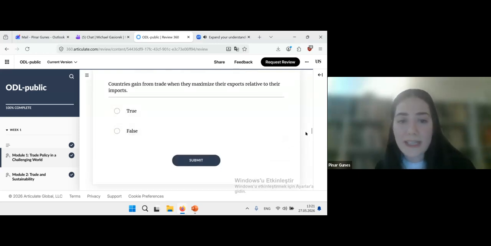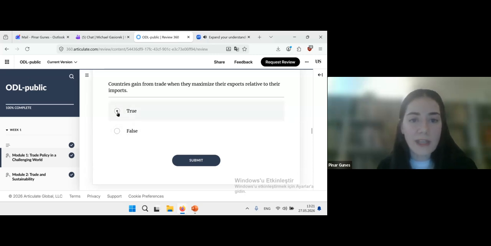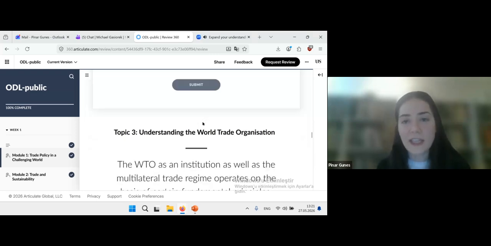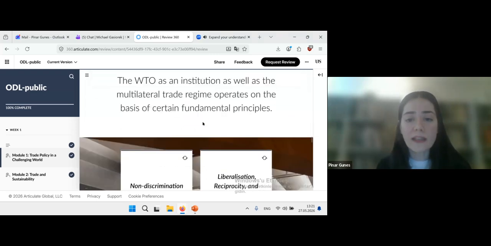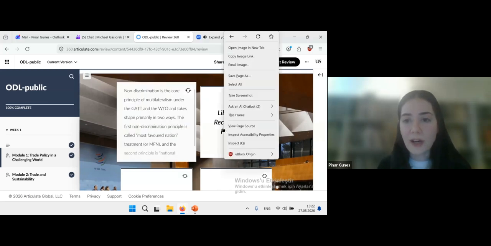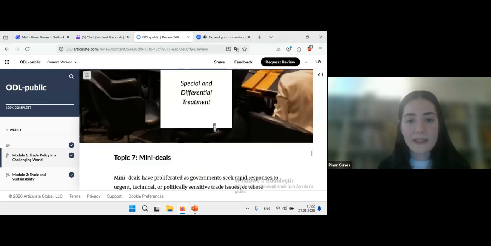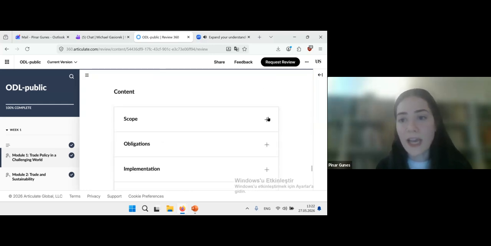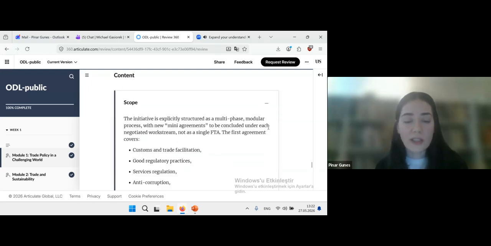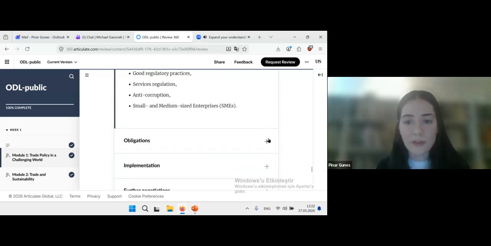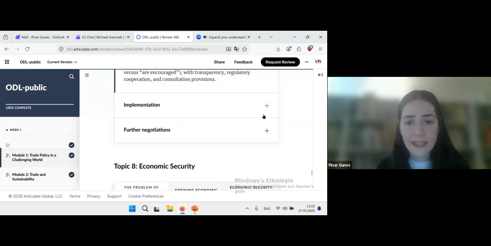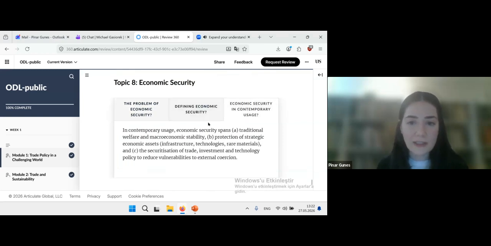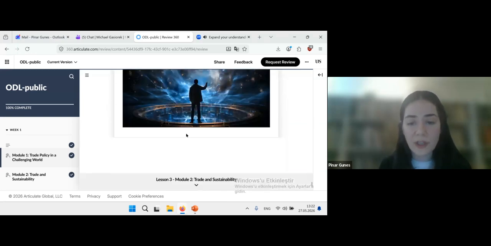They are not graded. For example, I click and submit. So it's incorrect, and I say take again, and then you can retake the quiz. And we have again such flip cards like this, and we have this week on mini-deals, for example, and we have these tabs where you can click on to see and read more about the descriptions like this. Or we have such tabs where you can click and go through the material and read more.